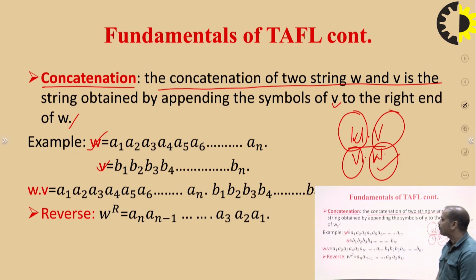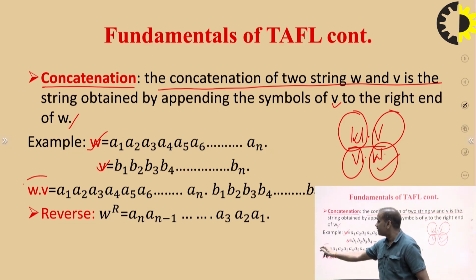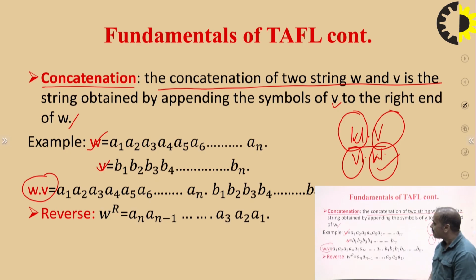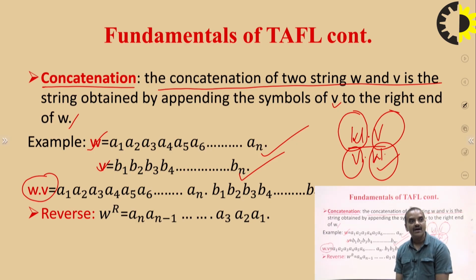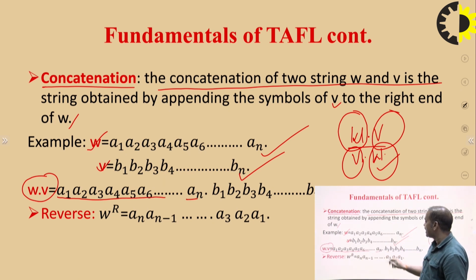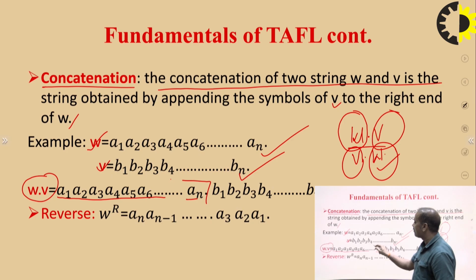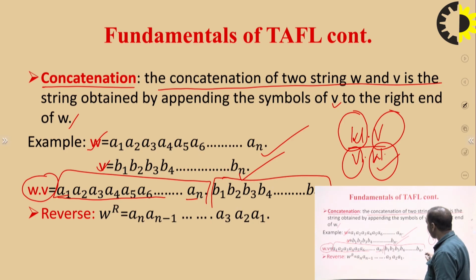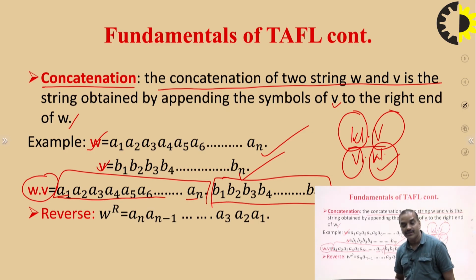We want to find W dot V, so we have to append the symbols of V to the right of W. This is the string of W and this is the string of V. We want to find V dot W, and this is A1, A2, A3, A4, A5 up to AN. This is the string of W. After that, we have to write the string of V.